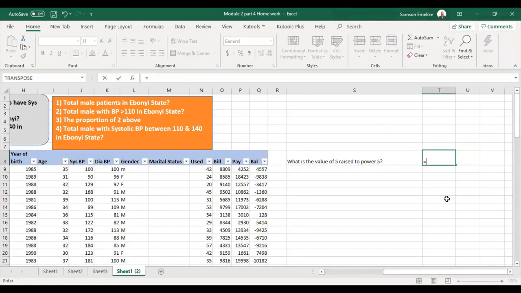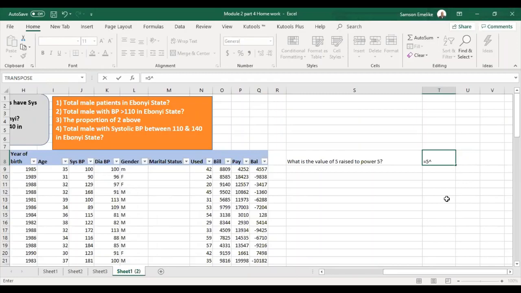So it's going to be 5, and there is a function here. I don't know how your keyboard looks. On mine, number 6 is the button that has something on top, which if I press shift and hit that number, gives me this inverted V, showing that it's raised to power.